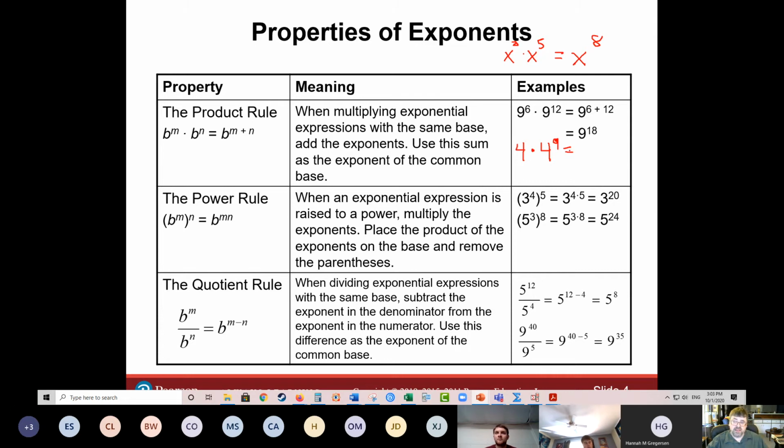But of course, 4 by itself is really 4 to the 1st power. So 4 times 4 to the 9th would be the same as 4 to the 1 plus 9, which would be 4 to the 10th. Similarly, 3 times 3 would be 3 squared.